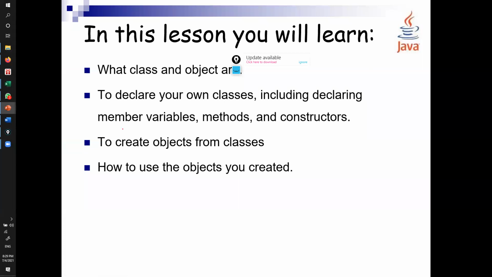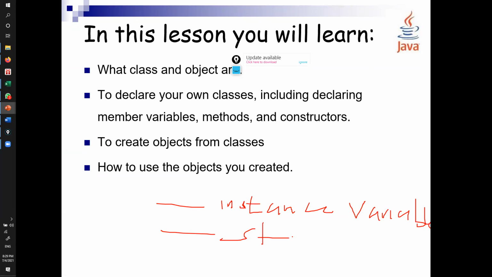For variables, we have what we call instance variable, then we have static variable, also we have what you call local variable. So instance variable, those are the variables of the class.